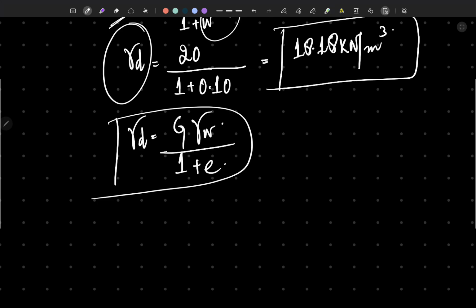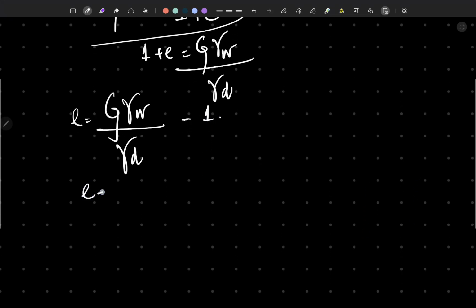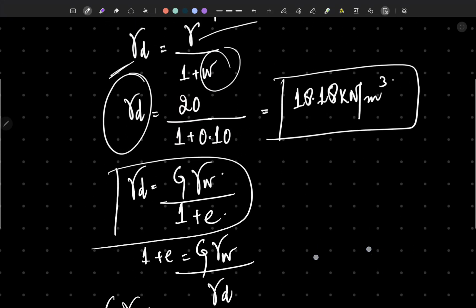We'll go on finding the void ratio from the same expression. So let me write it like this first: 1 plus e is equal to G gamma w divided by gamma d, or e is equal to G gamma w divided by gamma d minus 1.